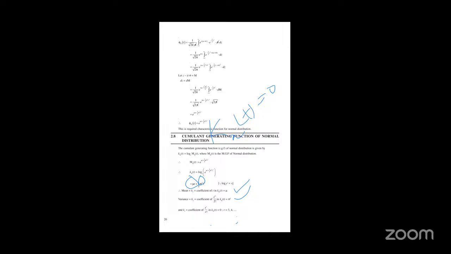So if you are taking r equal to 3, then we will get mu3 is equal to k3 equal to 0. Then mu4 value we'll get as 3 sigma power 4. So if you are doing the skewness and the kurtosis, these are the values we'll get: skewness beta 1 is equal to 0, as well as kurtosis beta 2 is equal to 3.